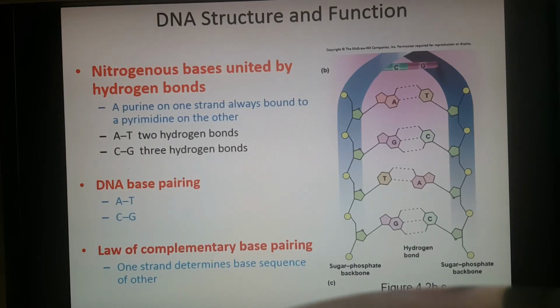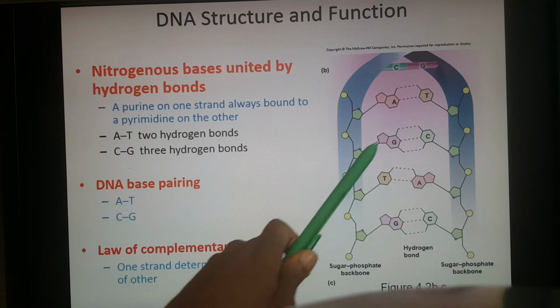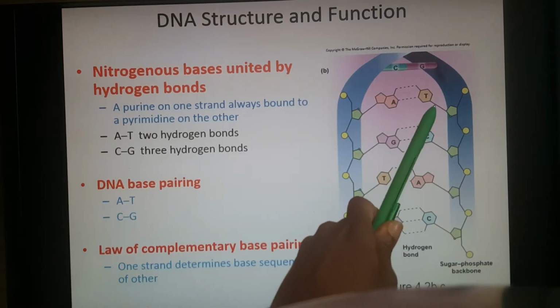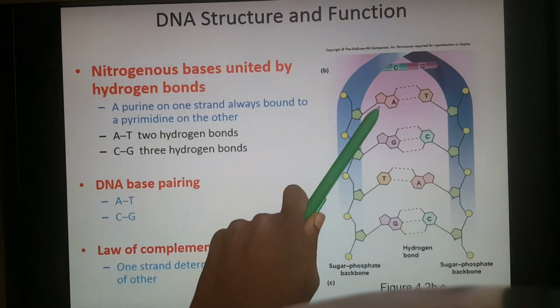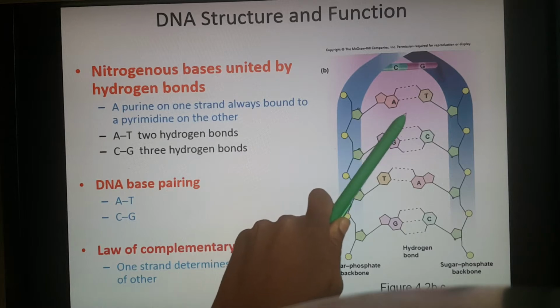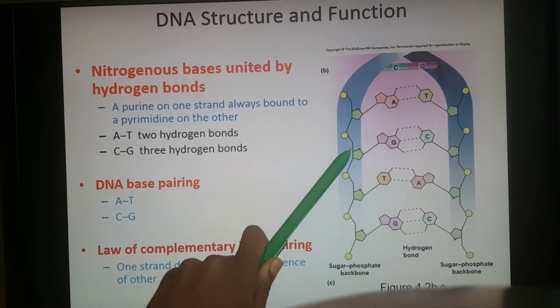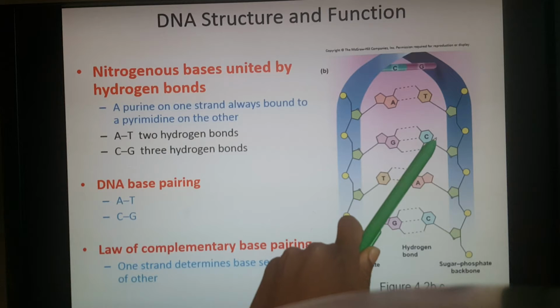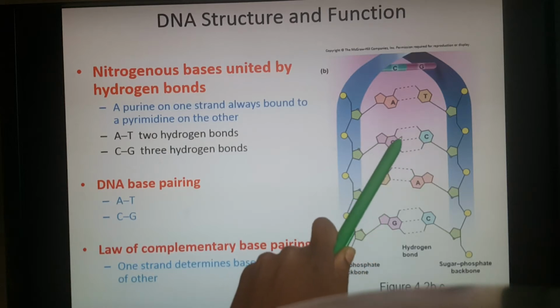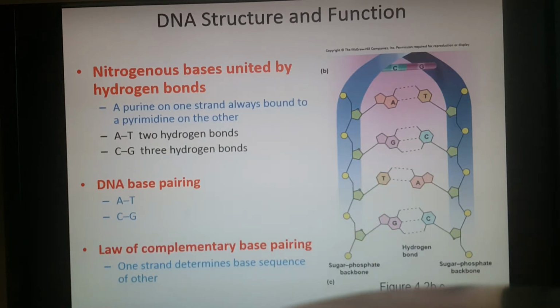So in the case of DNA, the adenine will always pair with a thymine. So this purine pairing with this pyrimidine. And your guanine will always pair with a cytosine. So these actually have 3 different hydrogen bonds between them.